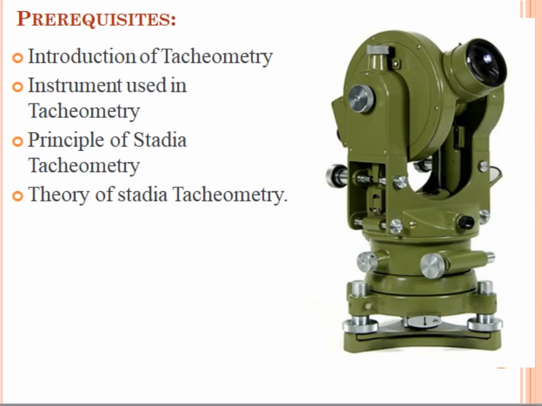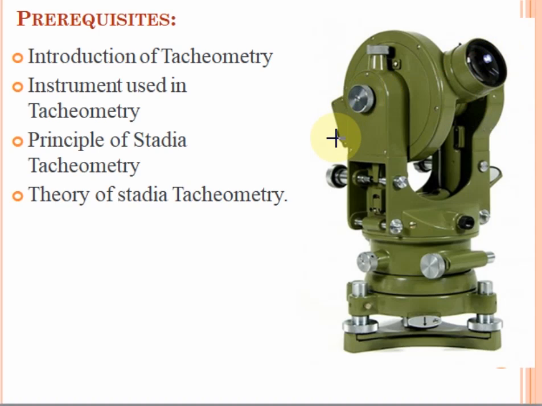This is the instrument, a tachometer. This is the telescope, with an analytical lens, and at the eyepiece a diaphragm is provided with upper, middle and bottom crosshairs.